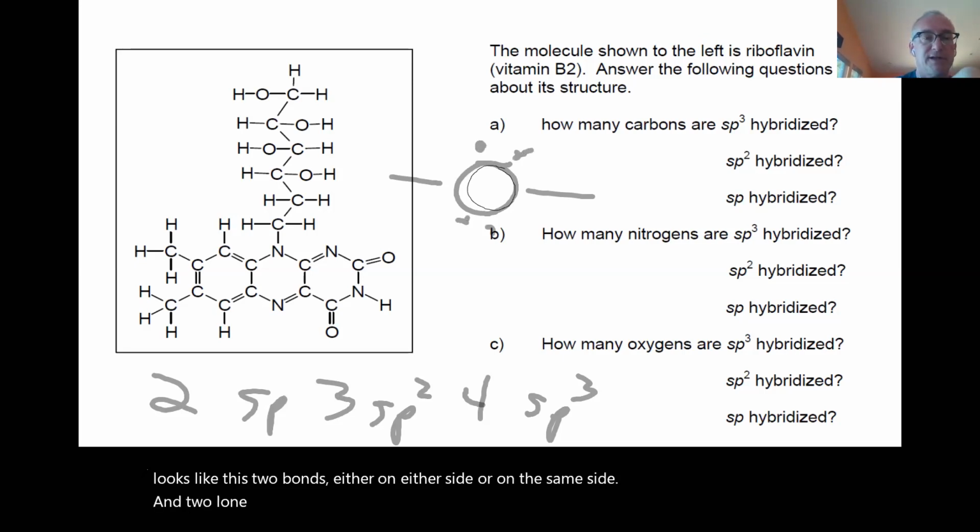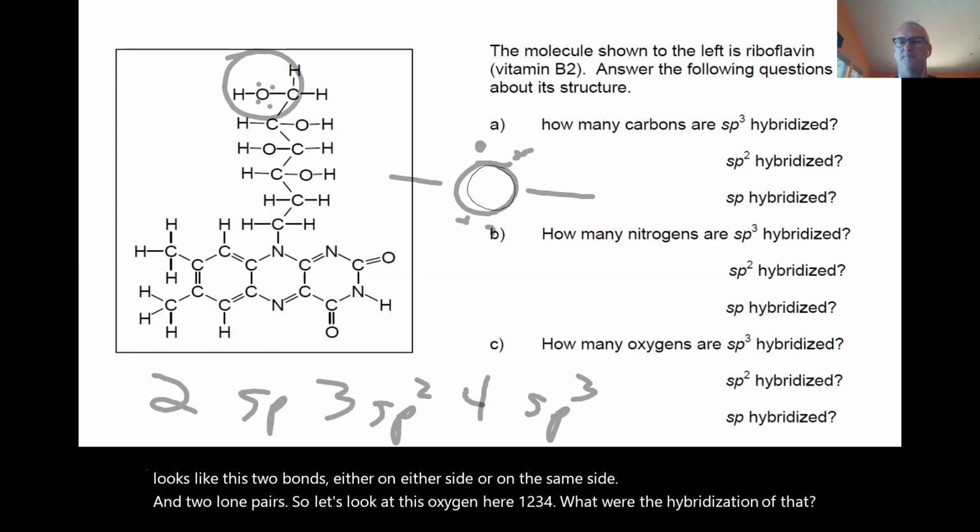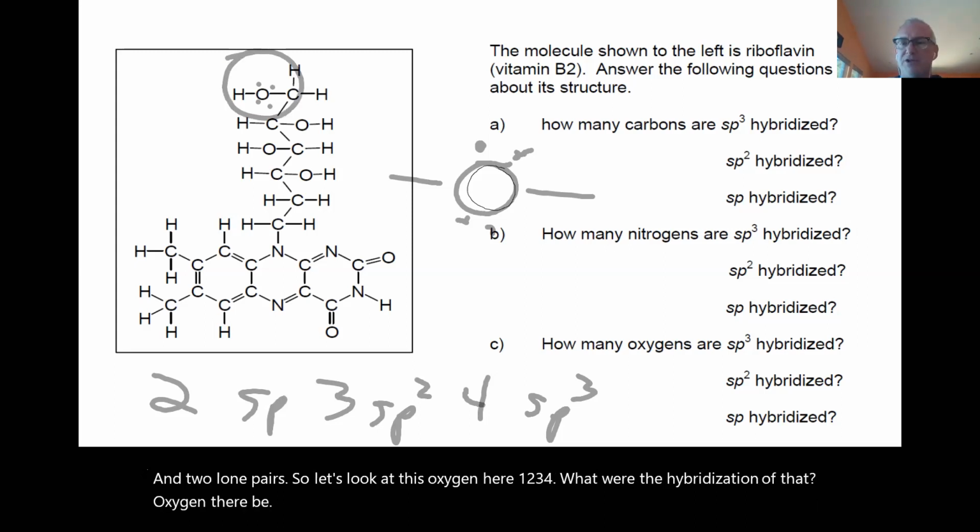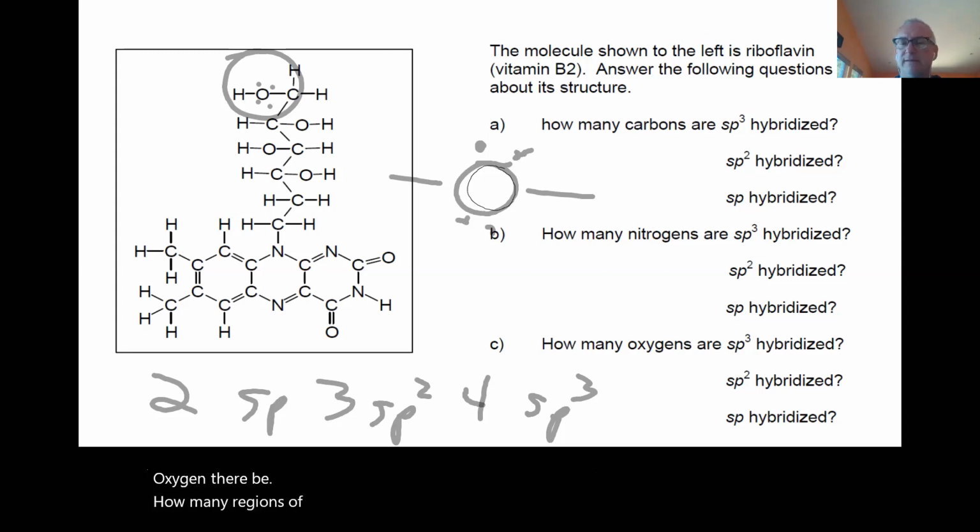So let's look at this oxygen here. 1, 2, 3, 4. What would the hybridization of that oxygen be? How many regions of electron density does it have? Would it be 4? 4, right.